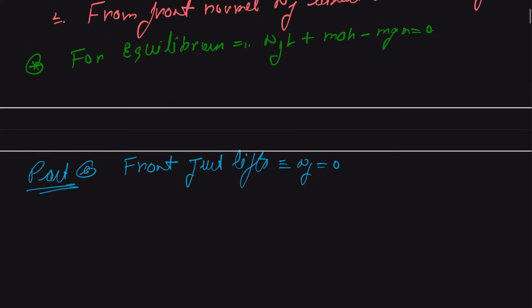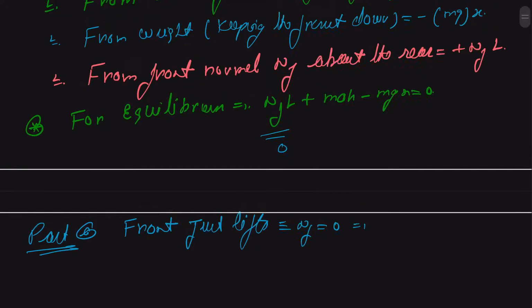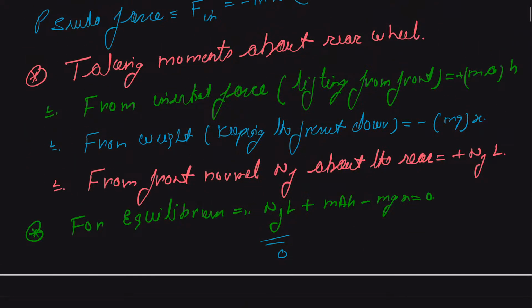And if NF is equal to 0, this will be equal to 0. So we are left with only 2. We get this as our, this is capital, not small. And here also.